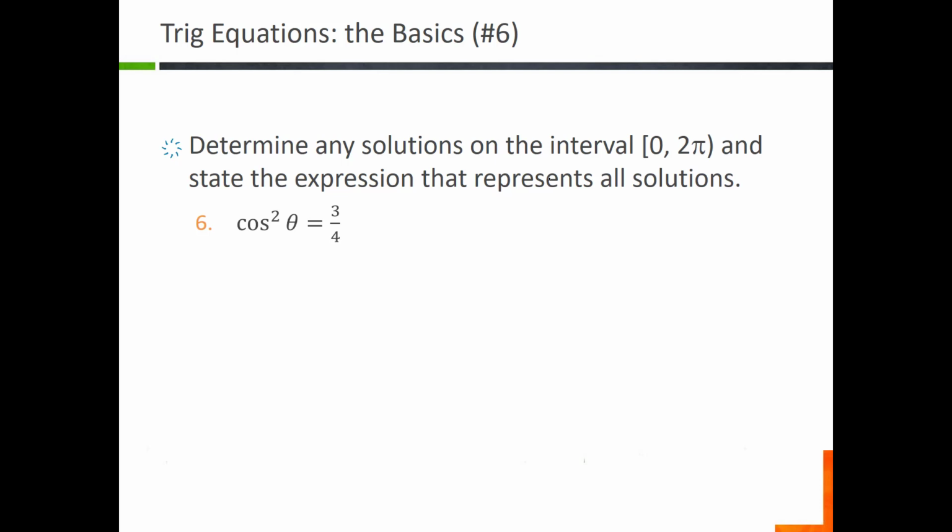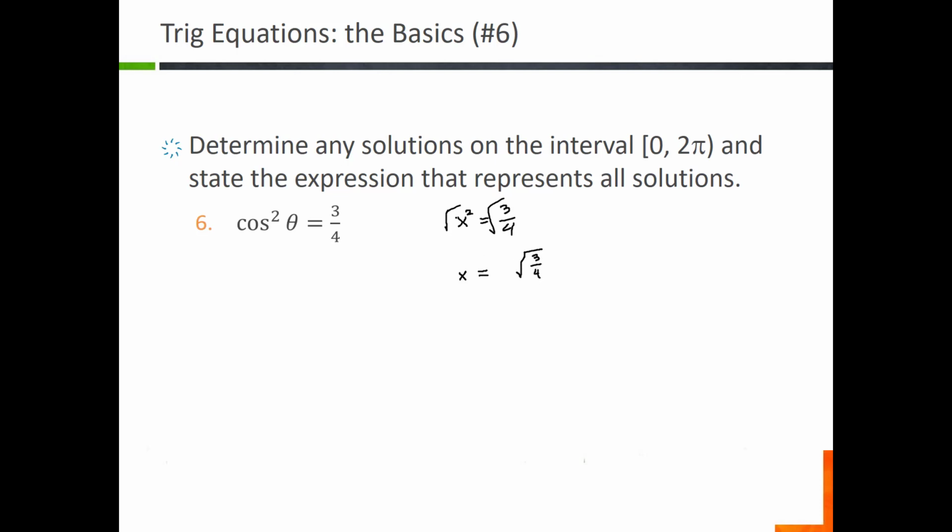So let's just think for a moment. If I had the equation x squared is equal to 3/4, how would you get x by itself? Well, you'd take the square root of both sides of your equation. And so we would get x, because the square root of x squared is just x, equals the square root of 3/4.